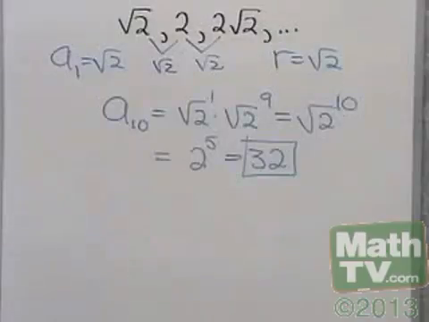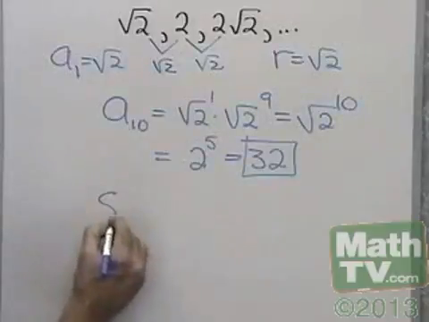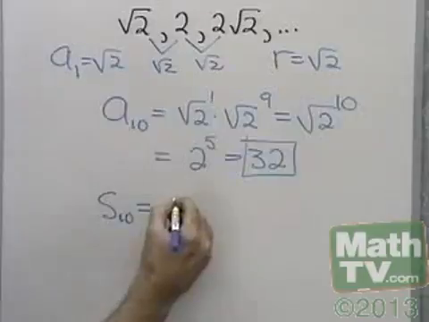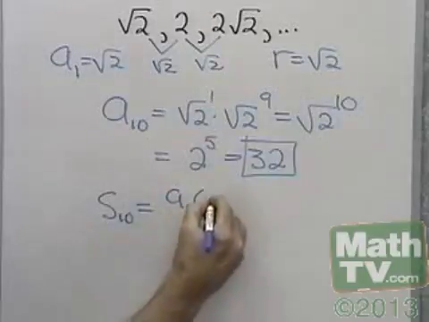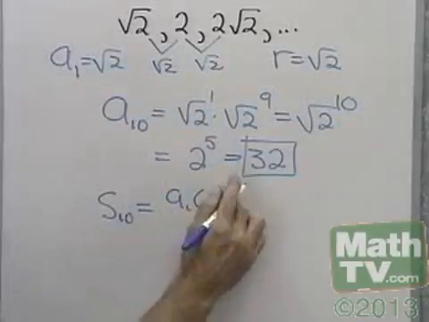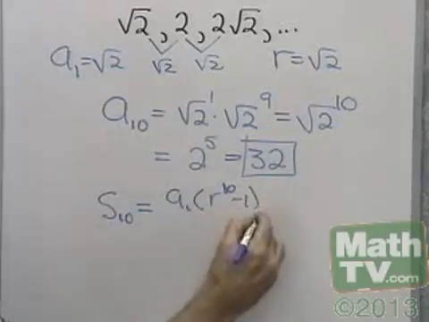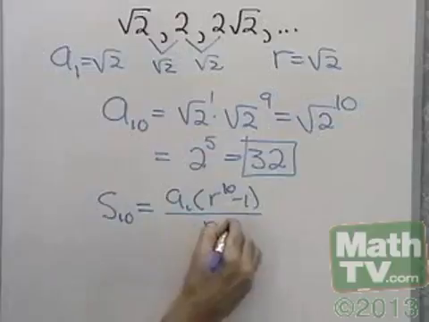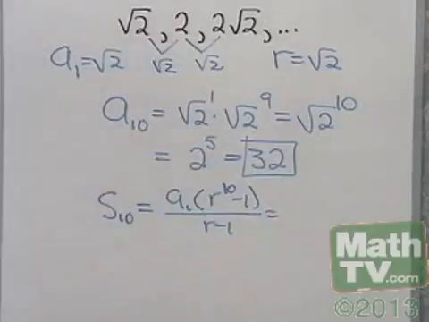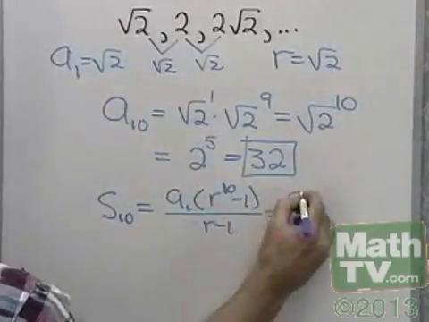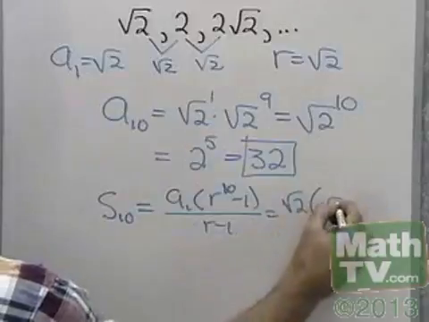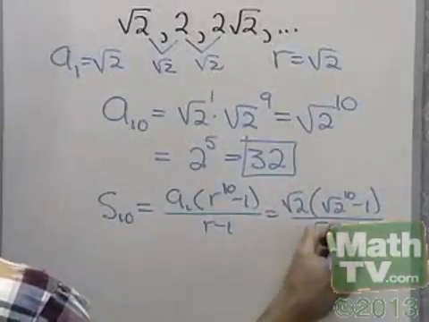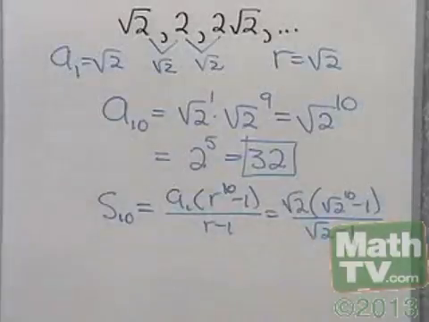The sum of the first 10 terms, S sub 10, will be equal to the first term, A1, times R to the 10th minus 1, divided by R minus 1. So the first term is square root 2 times square root 2 to the 10th minus 1, all divided by square root 2 minus 1.